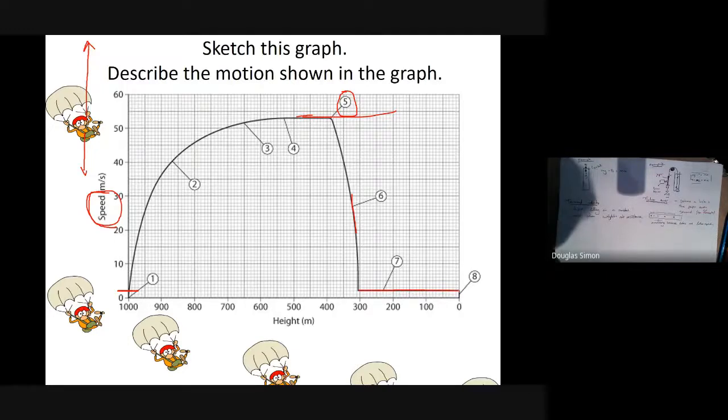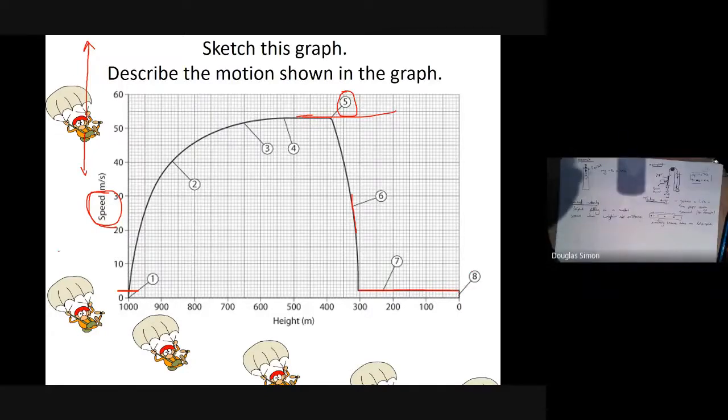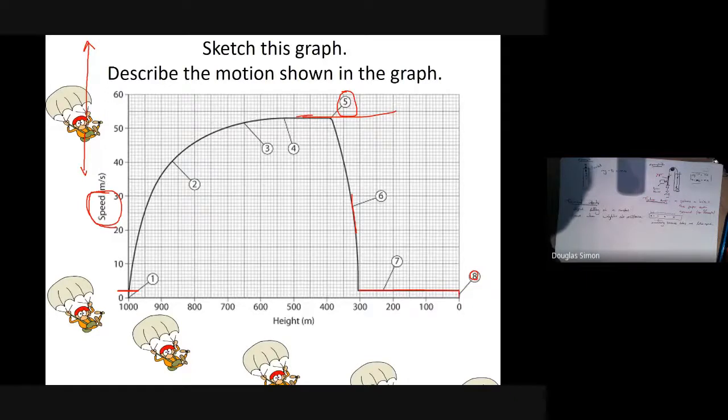And then where do they land? They probably land somewhere safe. Which number do they land at? Oh, they land at 8. Yeah, all right, because there's this large force, which is going to be the force from the ground, which slows them down. All right, thank you.